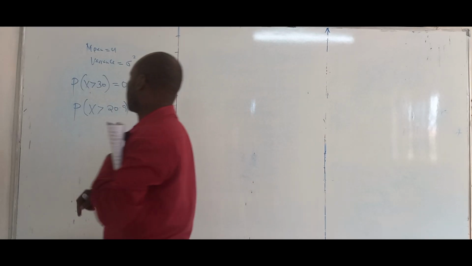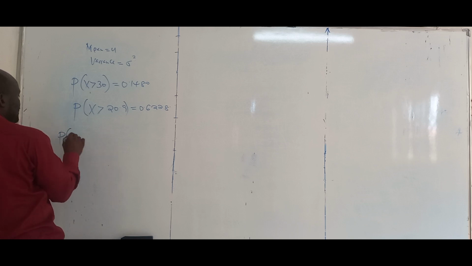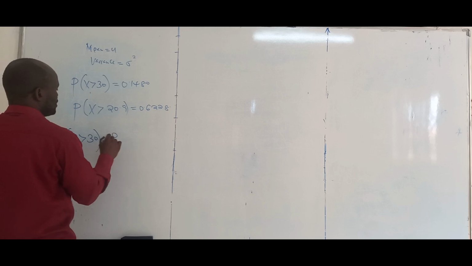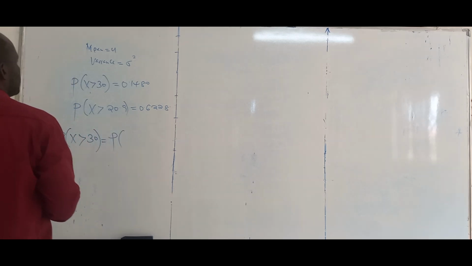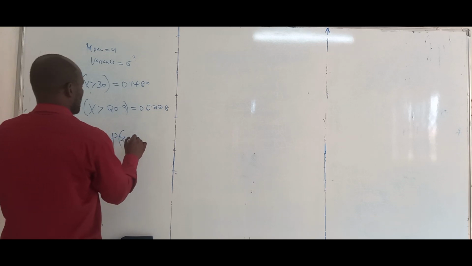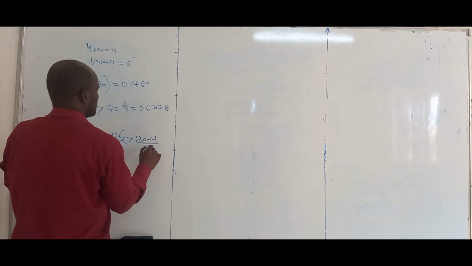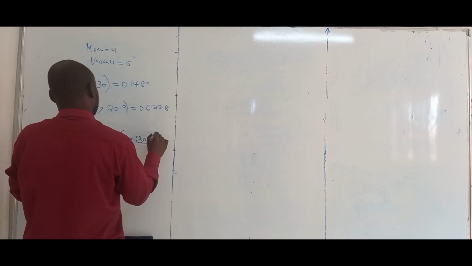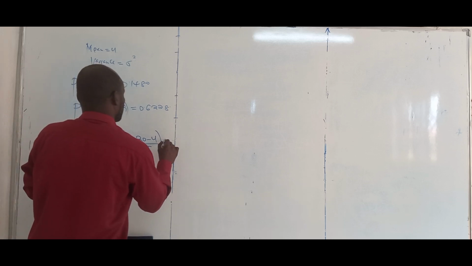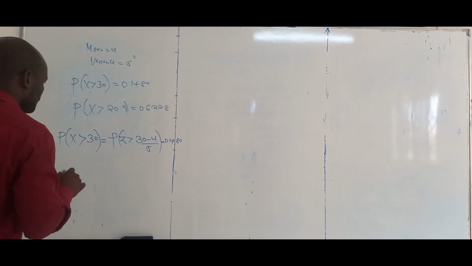Now, this first expression, the probability that X is greater than 30, is written as the probability that Z is greater than (30 minus mu) over the standard deviation, and that is equal to 0.1480. That's one.